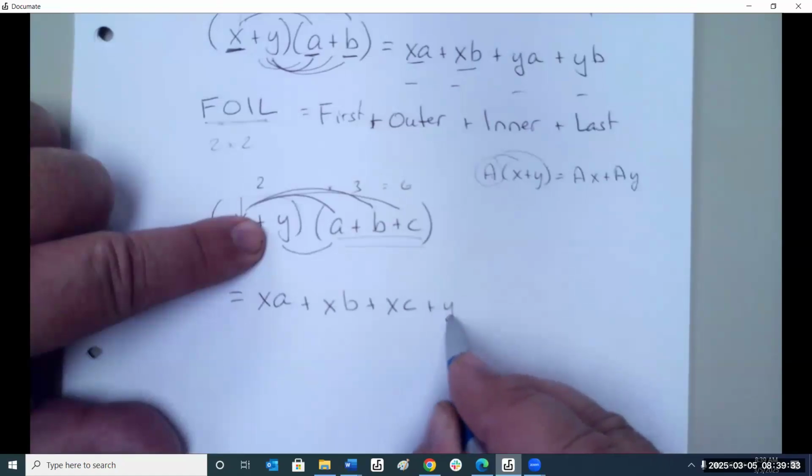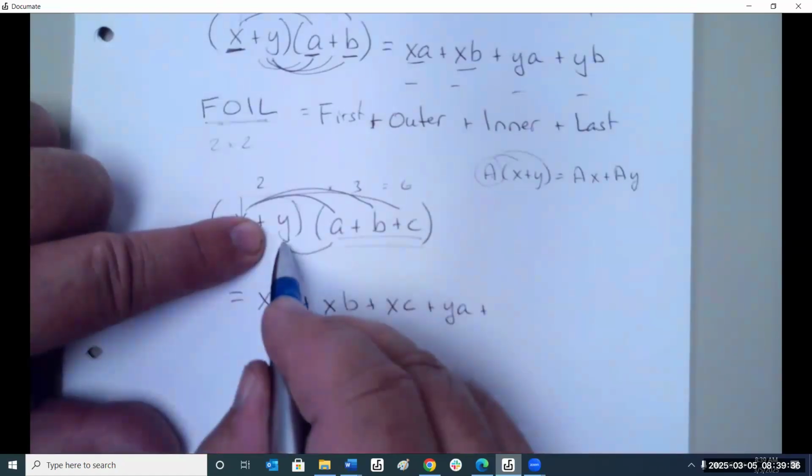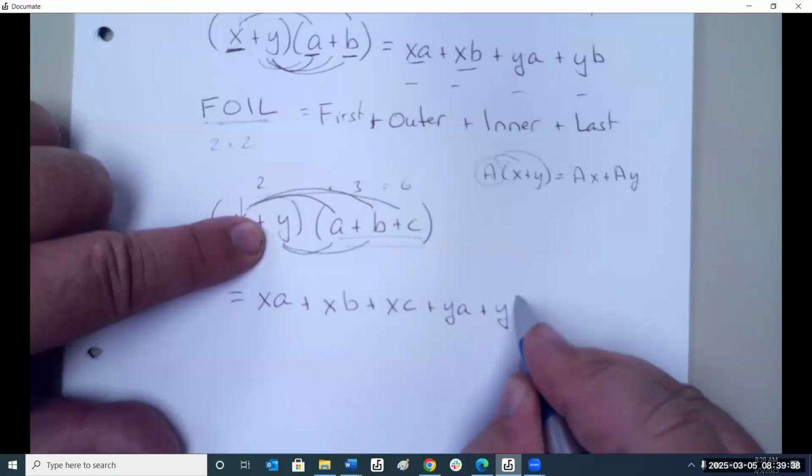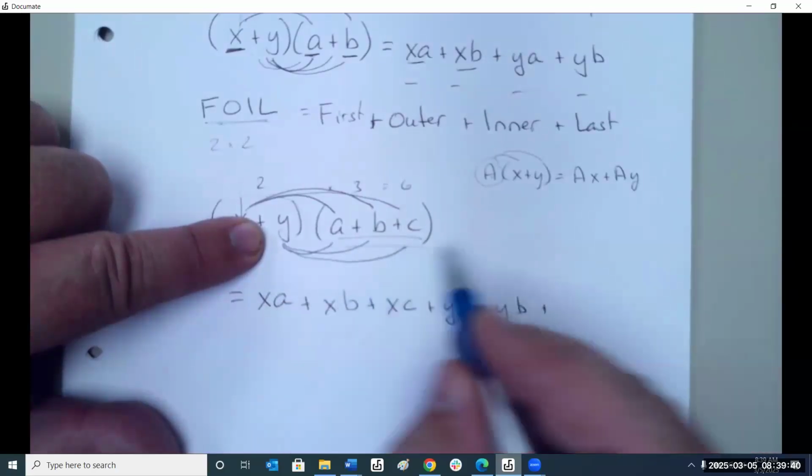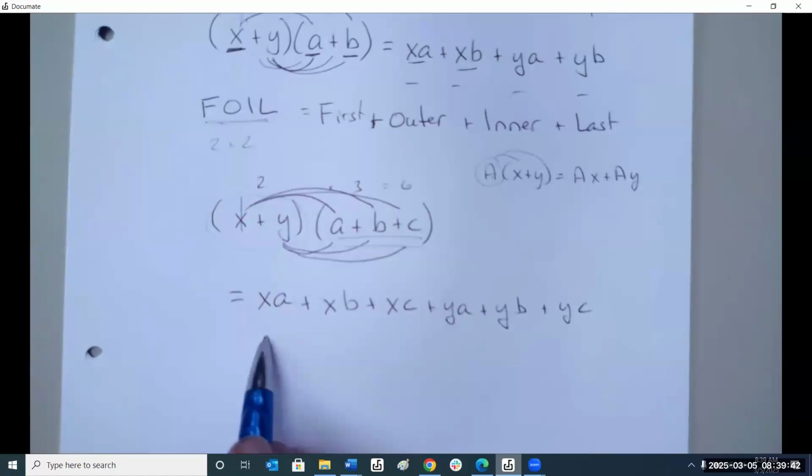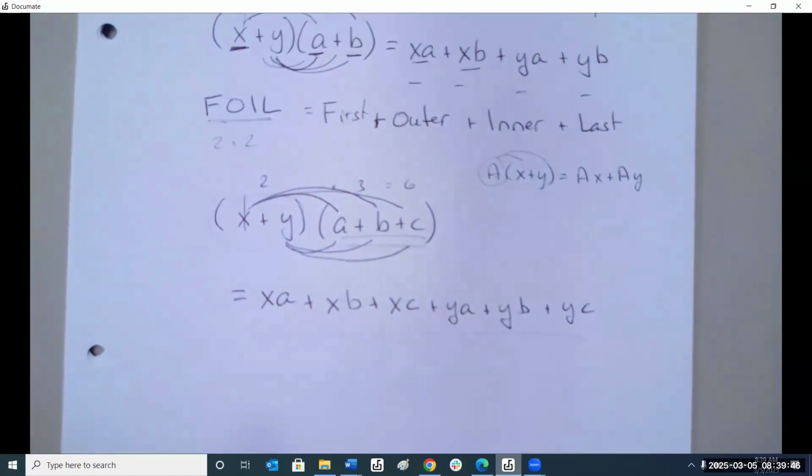They're both positives. YA, YB, and then YC. And there we have our 6 numbers. That's how it relates to what we talked about earlier, the definition of the cross product of sets versus the number of multiplications.